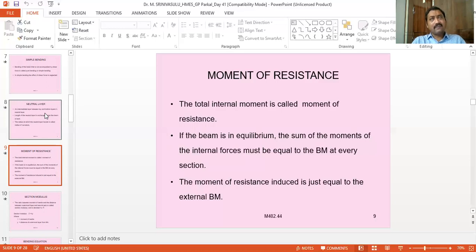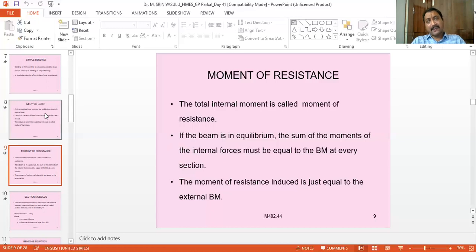And if we come to the definition of bending moment, the bending moment is also the algebraic sum of the moments of all the forces about any point, either to the left of the section or to the right of the section.